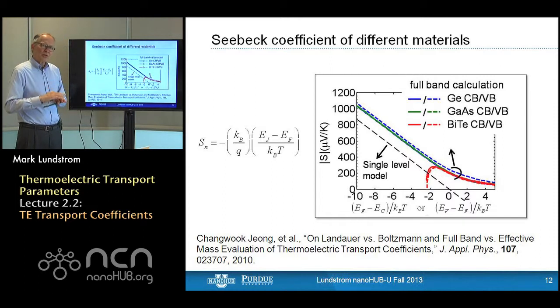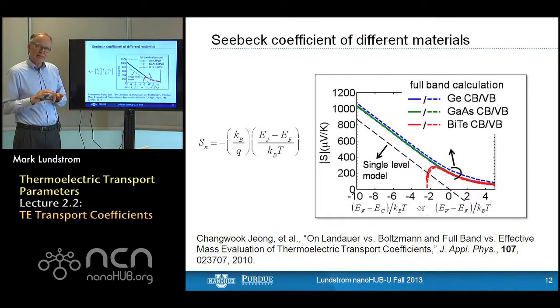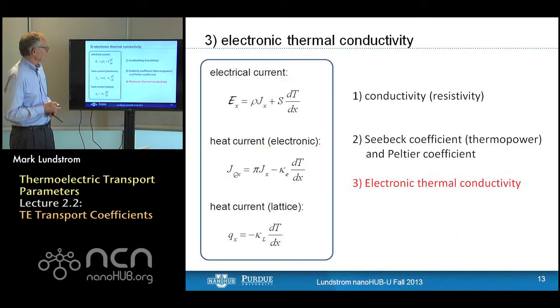It's mainly controlled by where the bottom of the band is with respect to your Fermi level. There are some details that come in depending on the exact shape of the band and the details of scattering, but they aren't large deviations. The Seebeck coefficient is basically determined by the band edge and by the location of the Fermi energy.